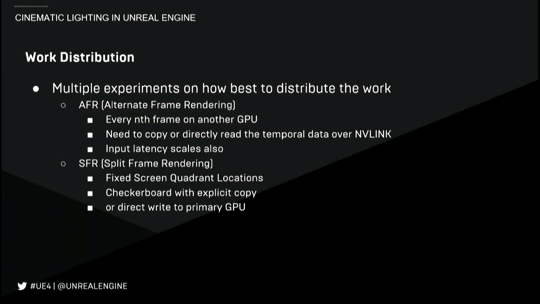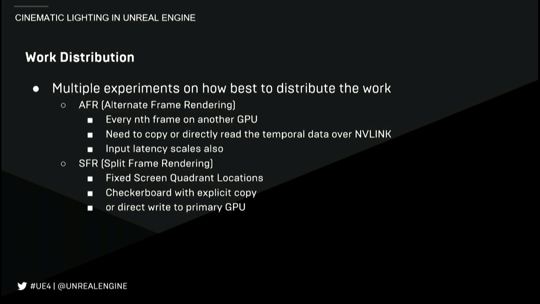So let's look at how the work can be distributed. We tried many, many things. One of them was alternate frame rendering, where every nth frame is rendered on a different GPU. For that, you need to copy or directly read the temporal data over NVLink, which is extremely fast. But this would increase the input latency for our games, and it would also be difficult to integrate with the editor.